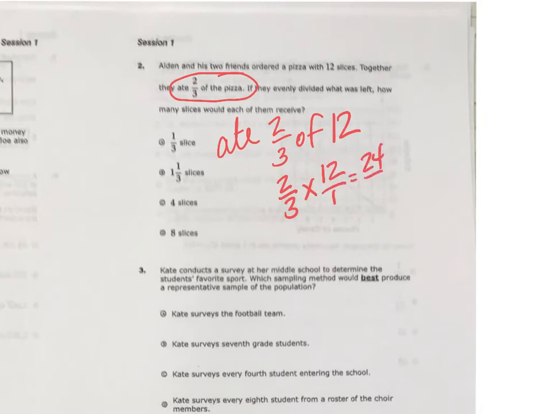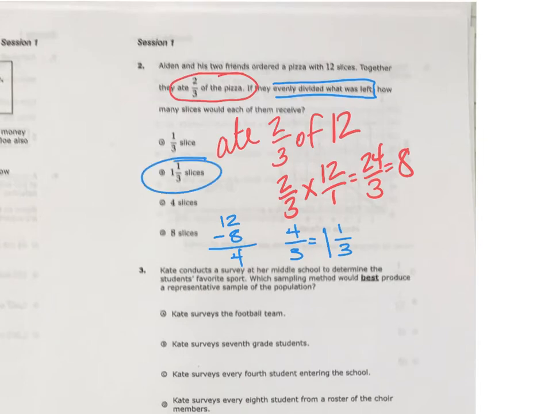That'd be 24/3, so they ate 8 pieces of the pizza. Then it says they divided what was left. If they ate 8 pieces, there were 4 pieces left, and they divided those 4 pieces among 3 friends. So each friend got 1 1/3.